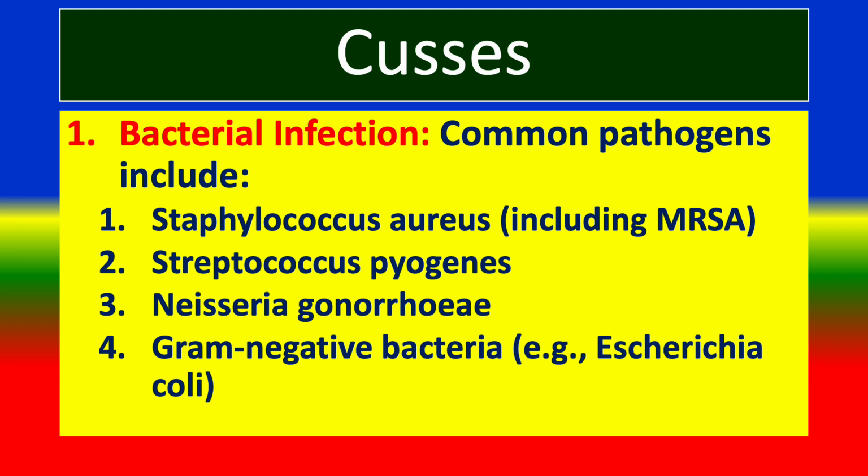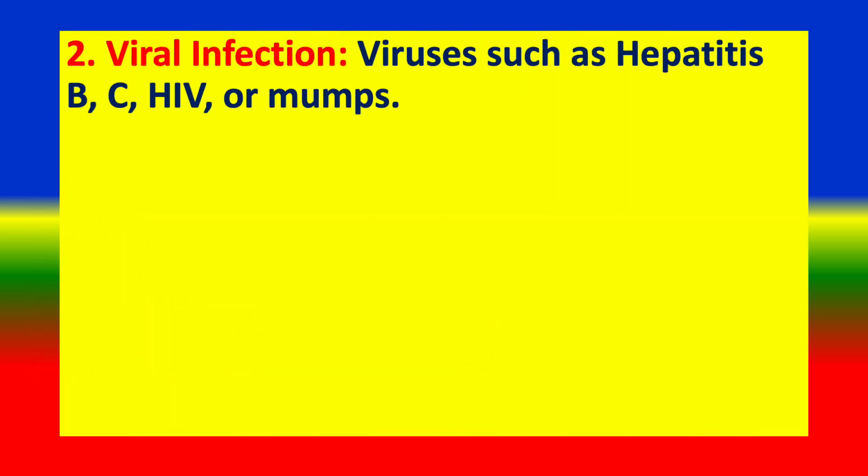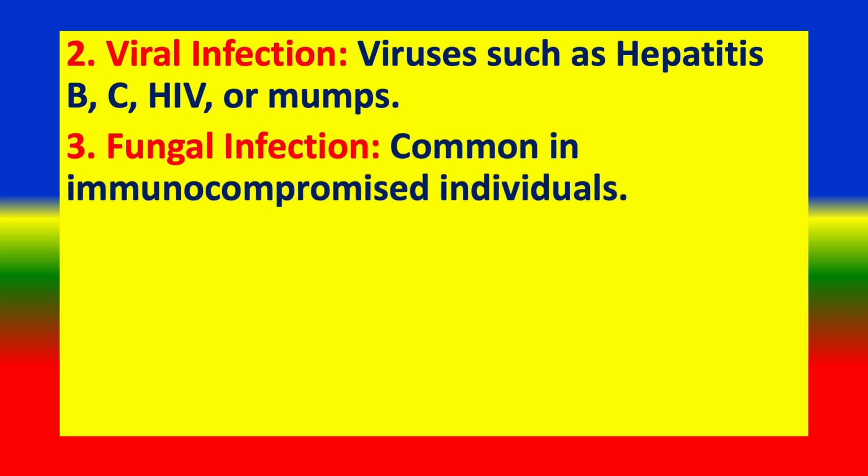Neisseria gonorrhoeae, 4. Gram negative bacteria. 2. Viral infection, viruses such as hepatitis B, C, HIV and mumps. 3.